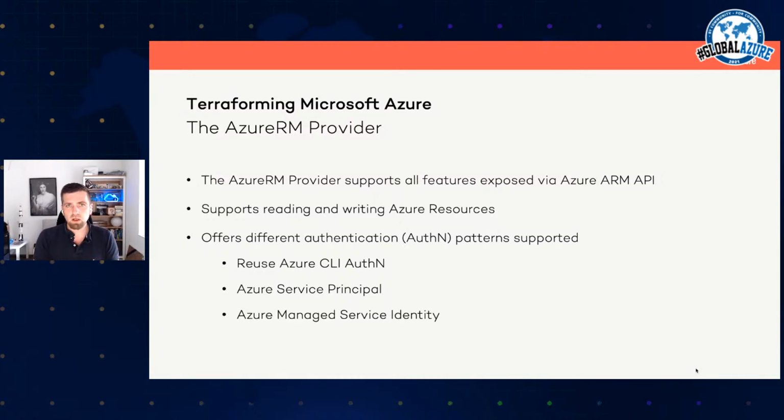So a service principal, for example, is something that I typically use to interact with the Azure ARM APIs. And that's also the kind of identity that I use within a GitHub action to have an unattended but still authenticated call into the Azure API.